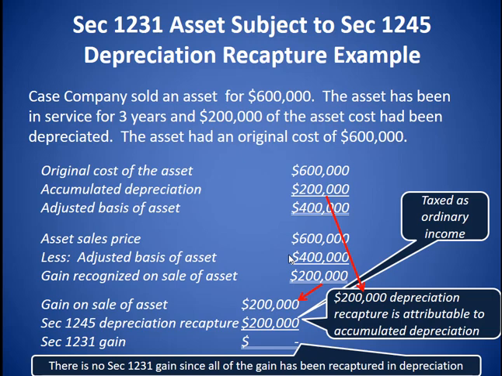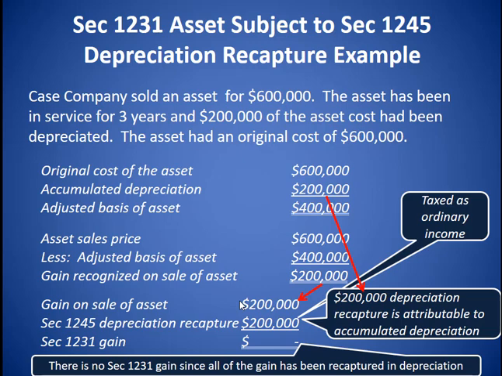But now we have to analyze the gain on that sale and split out the portion attributable to depreciation and the portion beyond the depreciation, to determine whether we are going to have to recapture some of the gain under Section 1245 and determine if we have any Section 1231 capital gain or loss. So we take the gain on the sale of the asset, $200,000.